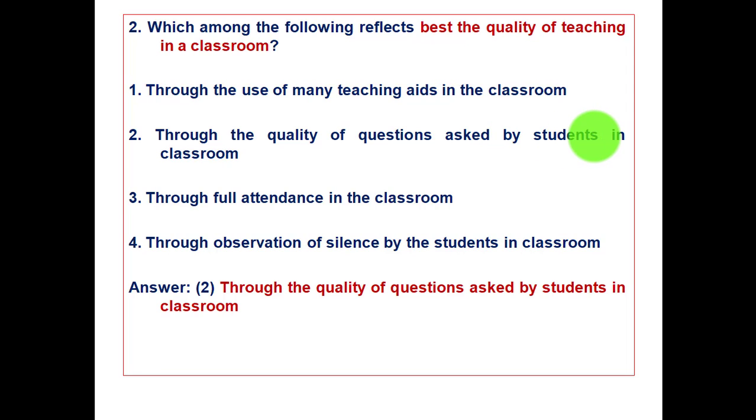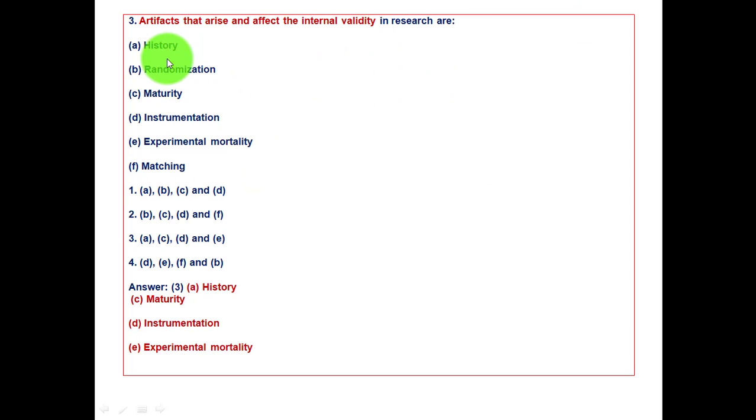Then only it is possible that the student will ask very good questions on the subjects that his teacher teaches. So option 2 is the correct option here: the quality of questions asked by the students in the classroom reflects the best quality of teaching. Next question.